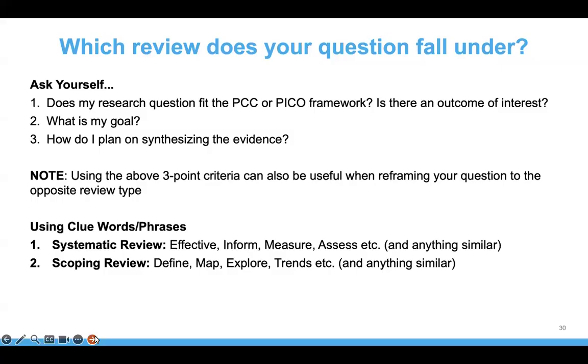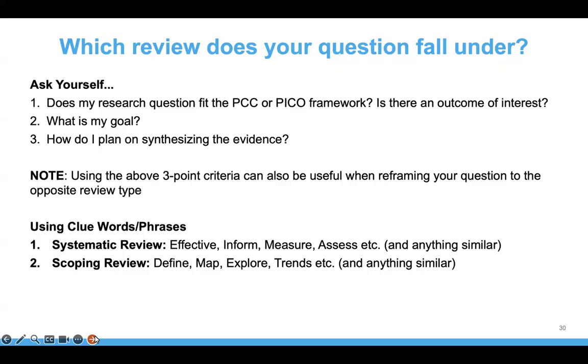Then lastly here, you can use clue words or phrases to determine which direction your question is leaning towards. So again, if you're looking at terms like, or words like effective, inform, measure, assess, that's probably a systematic review. And if you're using terms like define, map, explore, trends, gaps, et cetera, then you're likely looking at a scoping review.